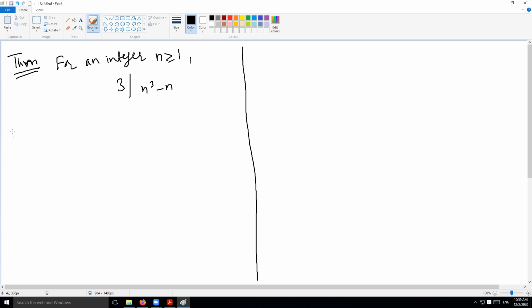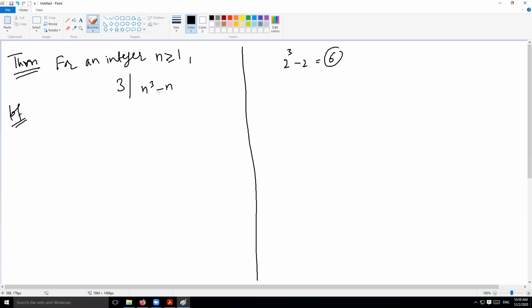That's a very interesting kind of result. Take any natural number, cube it and subtract n from it, and it's always divisible by 3. You can quickly check: if I take 2, then 2³ minus 2 is 6, and 6 is divisible by 3.